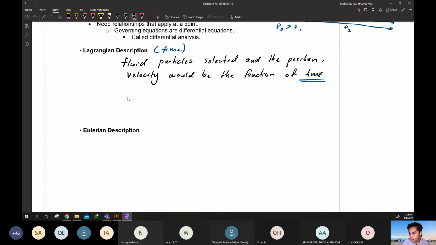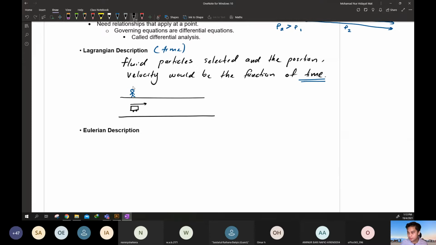We have the road. And then we have the police. And then we have a car. We have a car moving.